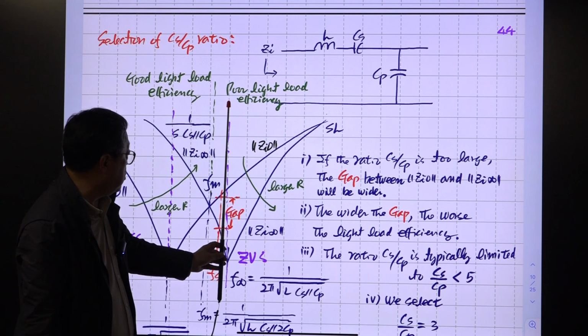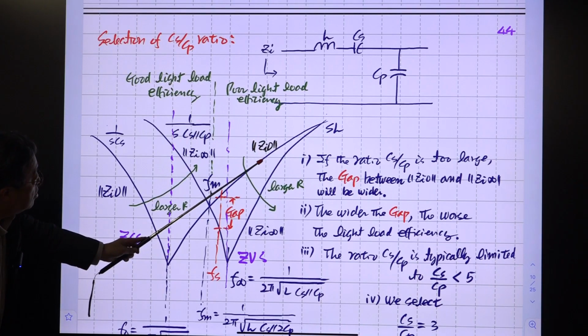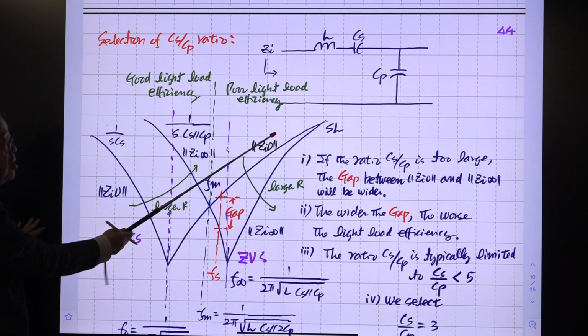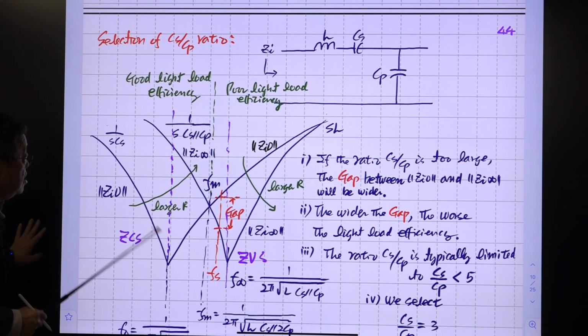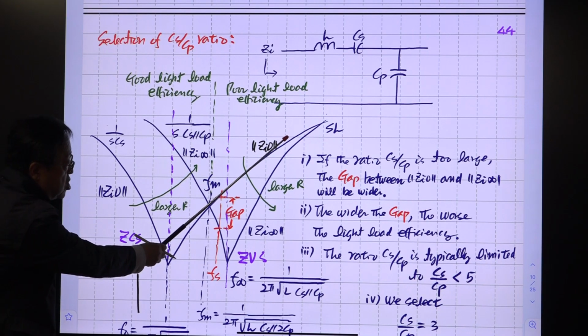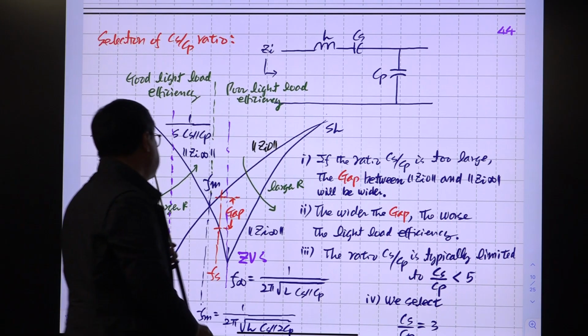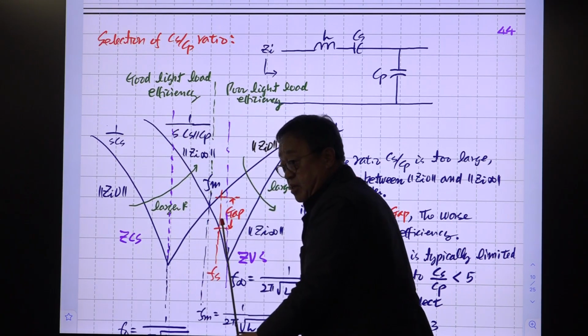Okay, so in this region, what is this? This is a small resistance because this is the ZIO curve. For small resistance, you have ZVS. For large resistance, which is this, you have ZCS, right?